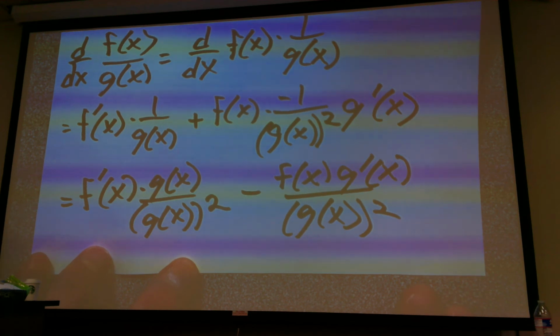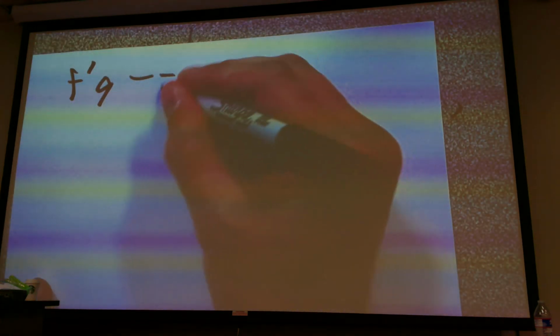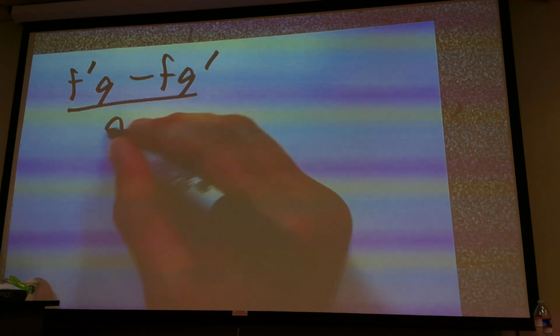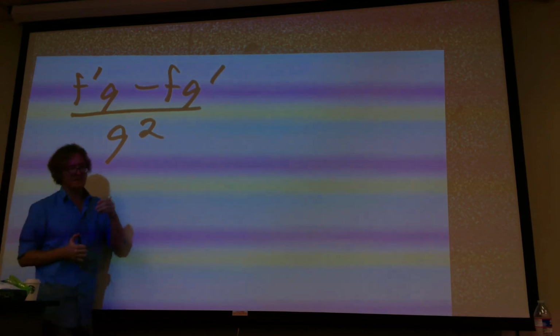Now we have a common denominator, and that leads to the formula: f prime g minus f g prime, divided by g squared.